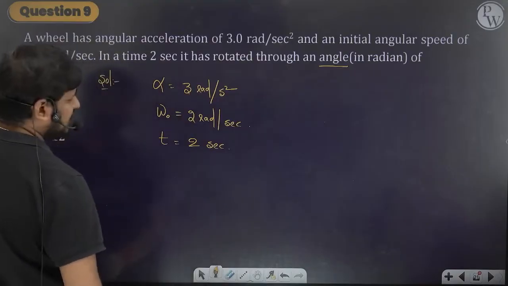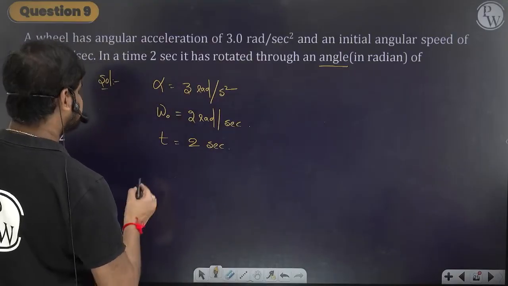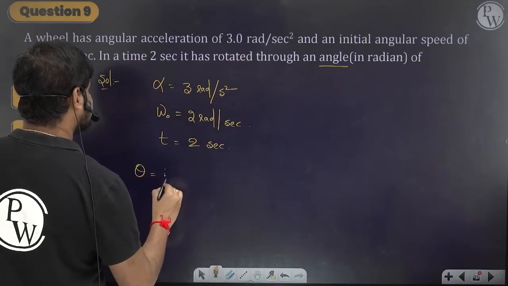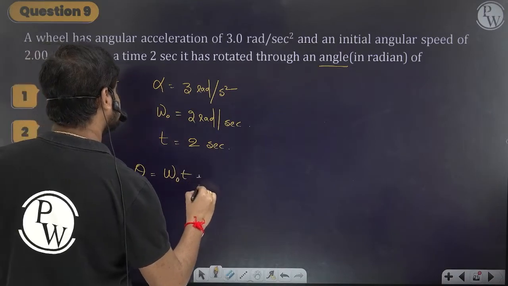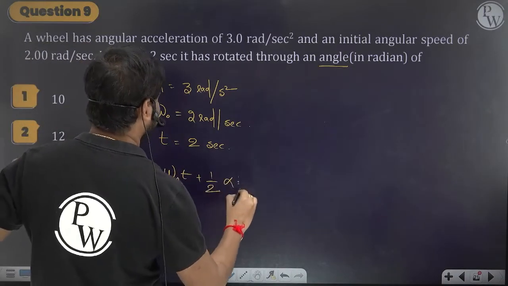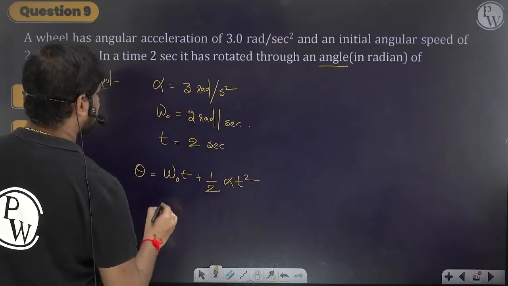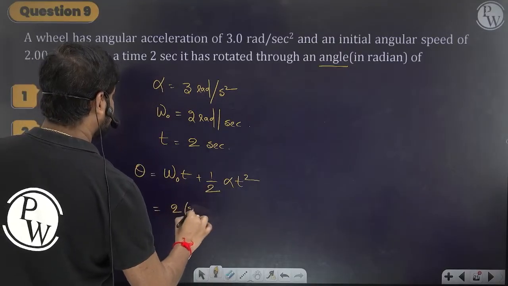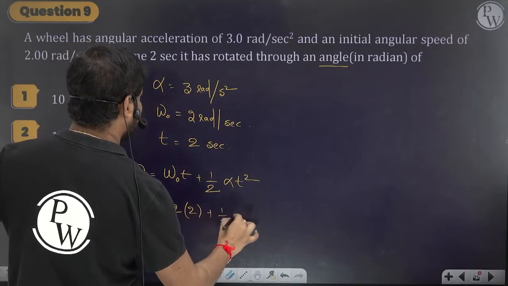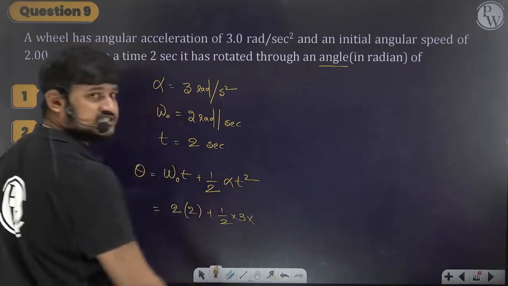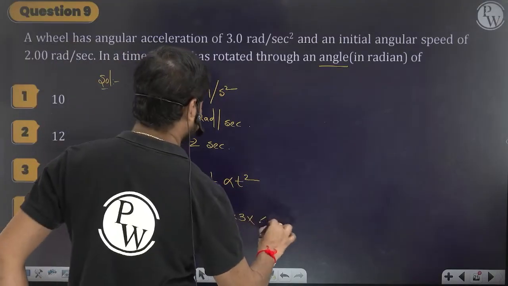So to find angle theta, what do we require? Theta is equal to omega naught t plus half alpha t square. We have got everything, I guess. Omega naught 2 into time 2, plus half alpha 3 into t square. What is t? 2. So 2 square is 4.